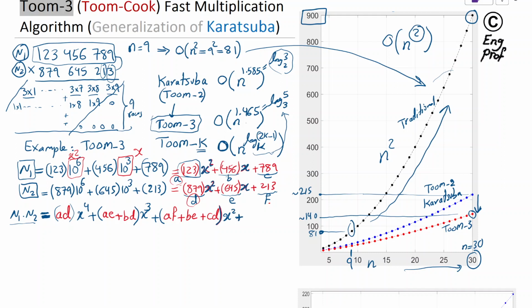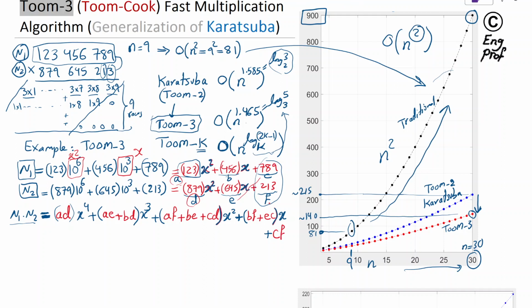Okay, what about x? Well, that's easy. B times F can generate that for me, so I'm going to do B times F plus, of course, E times C. All right, so that generates x. And the last number, of course, is just C times F, these two things that I need to multiply. So I'm going to just write plus C times F.